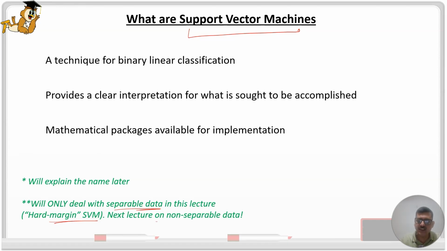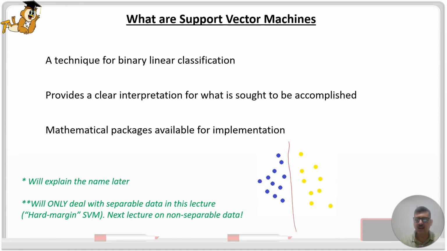In the next lecture, we'll extend what we are doing today to non-separable data. So hard margin SVMs and only separable data today, followed by non-separable data in the next lecture. This diagram shows you what exactly I mean. Your training data is linearly separable, and that is what a hard margin SVM deals with.